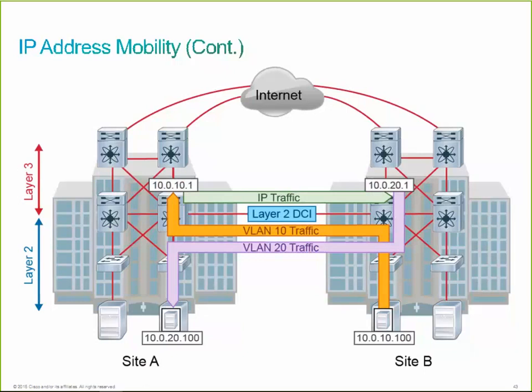Then the default gateway forwards the traffic back through the DCI to site B based on the basic routing table entry. So the VLAN 20's default gateway at site B accepts the traffic, and then based on the CAM table, it sends that traffic through VLAN 20 back to the server on site A. All right?